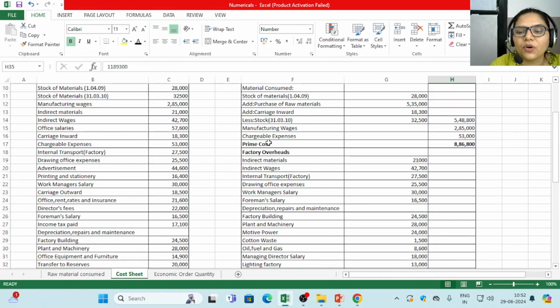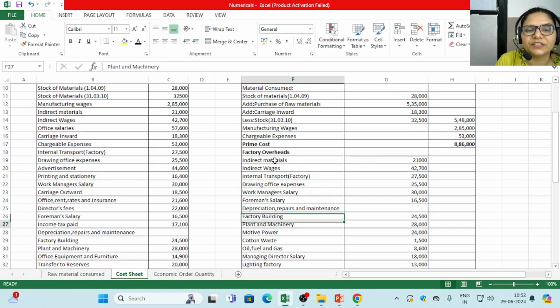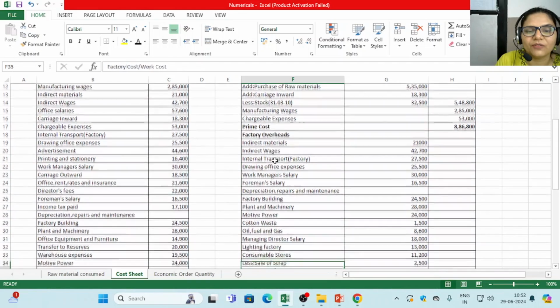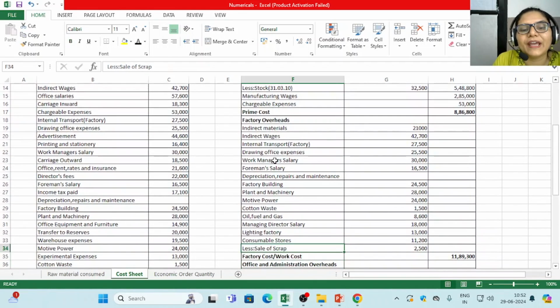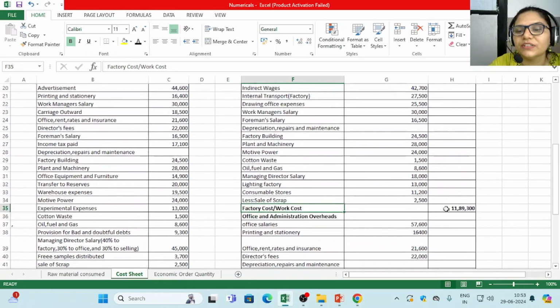In prime cost, we need to add factory overheads for arriving at a value of factory cost or work cost. So in prime cost, we will add factory overheads, indirect material, indirect wages, internal transport, depreciation, factory building, and so on. We have already discussed. And if any value of sale of scrap is mentioned in the question, definitely we will deduct and adjust this value. After adjusting this value, we will be arriving at a value of factory cost, which is rupees 11,89,300.